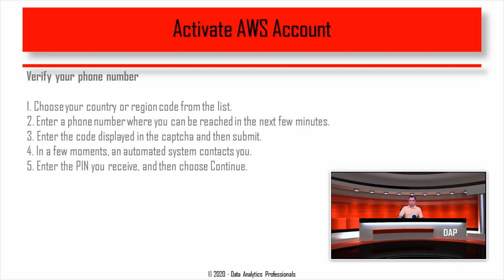So once you enter a phone number, enter the code displayed in the captcha, and then submit. Once you have done this, in a few seconds, an automated system contacts you on this number, and they will provide you a pin. Once you receive that pin, you can write it down on a piece of paper, or you can directly type it into the section where it should go. Now enter the pin you receive and then choose continue.